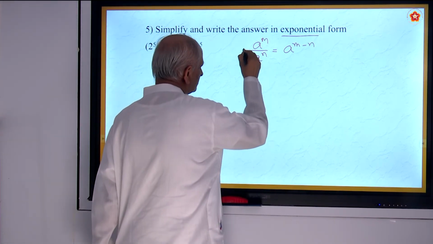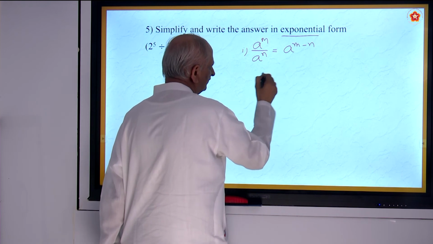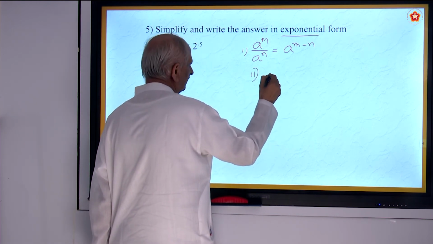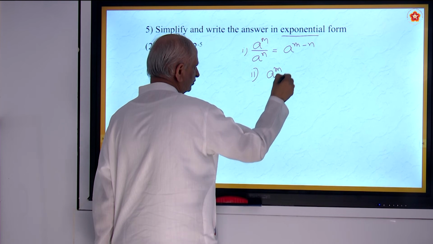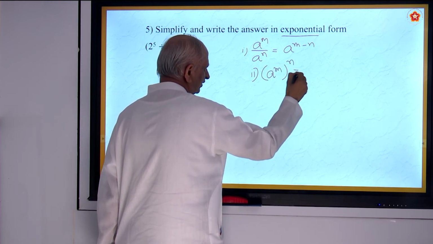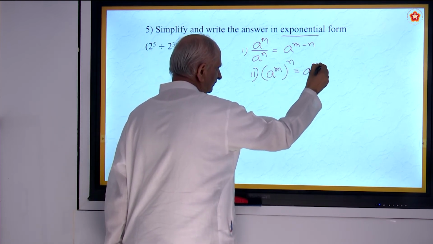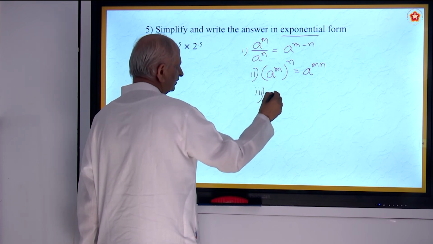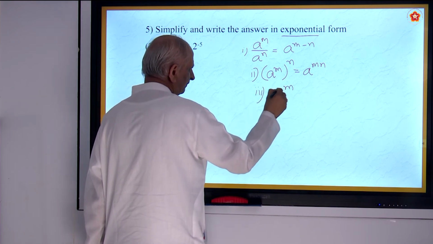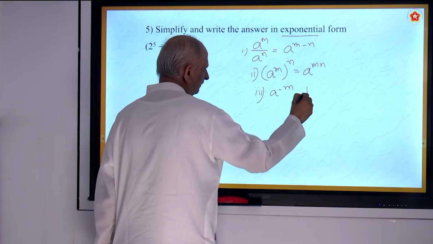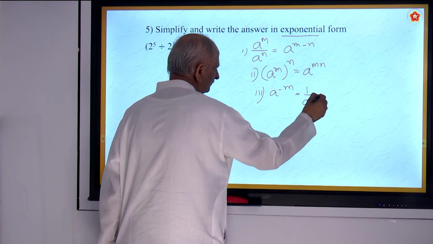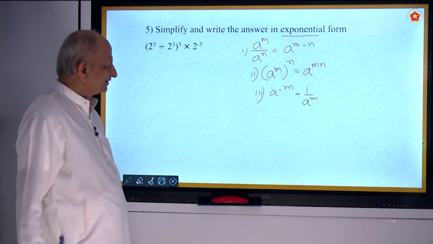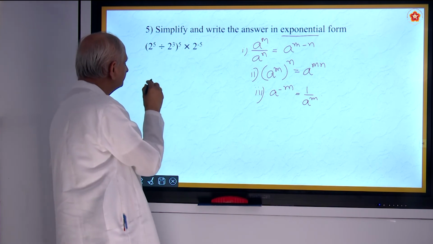Second formula, all these formulas also will get value. Second one is a to the power of m to the power of n is equal to a to the power of mn. And the third formula is a to the power of minus m is equal to 1 by a to the power of m. Understood? That you have to apply here now.